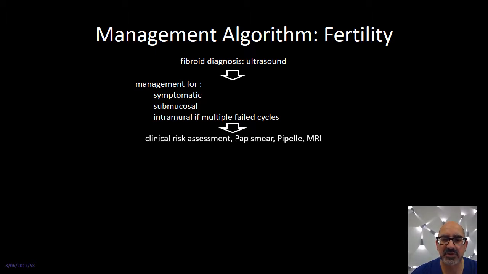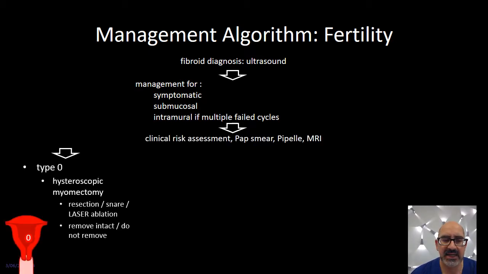Clinical risk assessment should occur, including a pap smear, a pelvic ultrasound, an MRI, or a hysteroscopy where needed. If it's a type 0 fibroid, then hysteroscopic myomectomy is probably the most appropriate management, and we would normally remove the specimen at the time of the procedure.